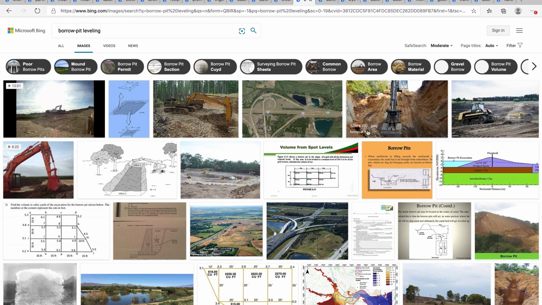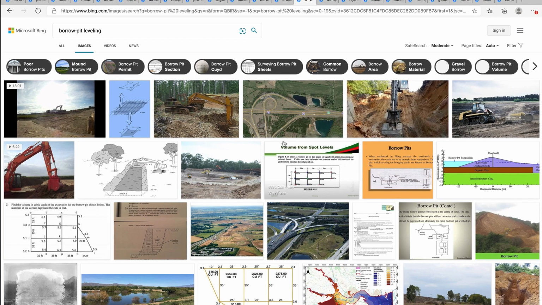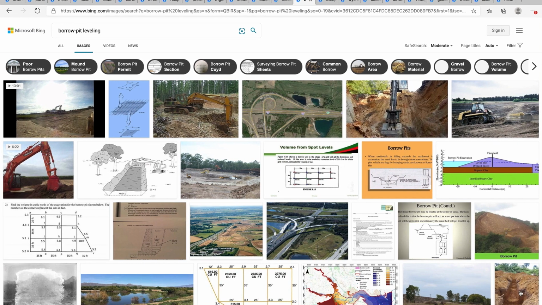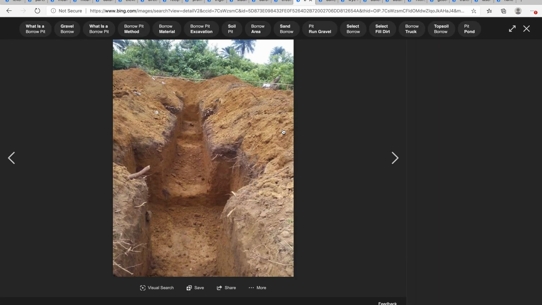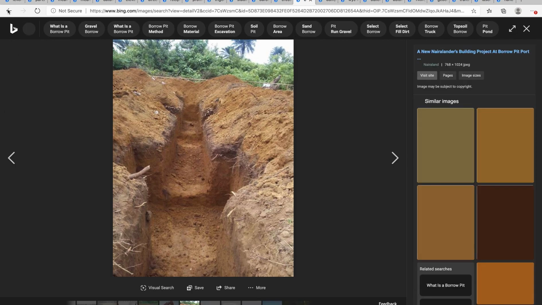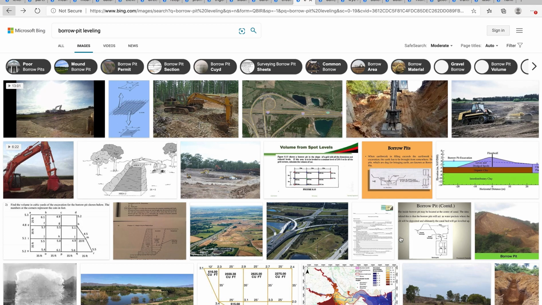For example, here we already know the values at these points. Then with borrow pit leveling, we can determine the elevation at this point, and from there we can determine the volume of earthworks that needs to be done. Or for example, this one. Okay? Or those ones. Okay?